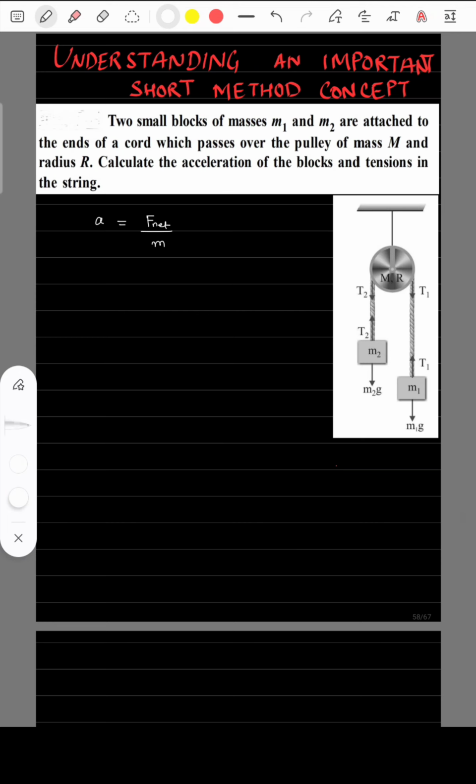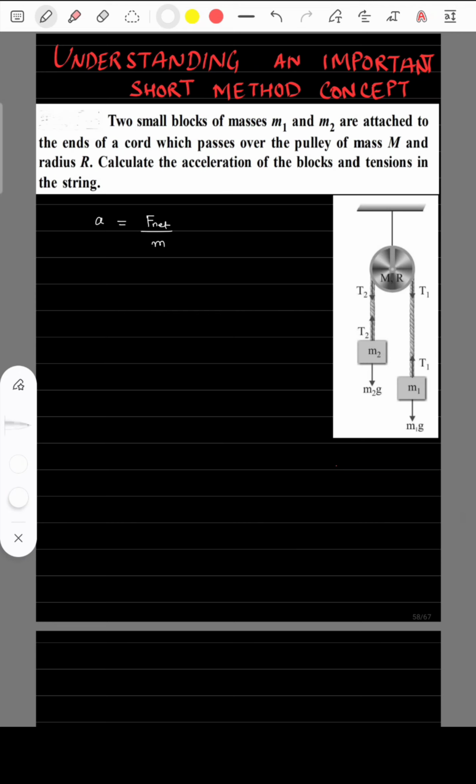Alright, so this can further be simplified and written like this: a upon R. Taking this R common, we can write T1 minus T2 equal to I a upon R square. This is our third equation. So we need to solve these equation numbers 1, 2 and 3 to calculate the formula for acceleration.